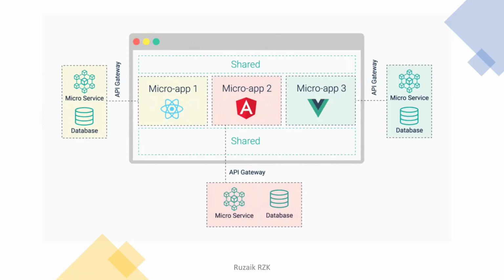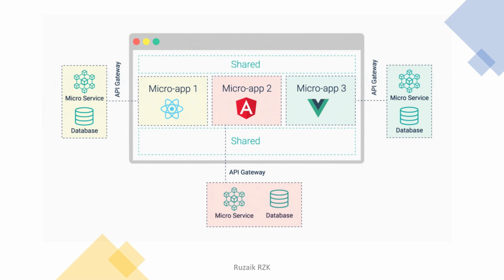In this diagram, you can see microservices 1, 2, and 3, three separate microservices, and there are three micro front-end apps with different technologies. The first micro app is React, the second is Angular, and the third is Vue.js. As I already said, the micro front-end apps do not depend on the technologies.